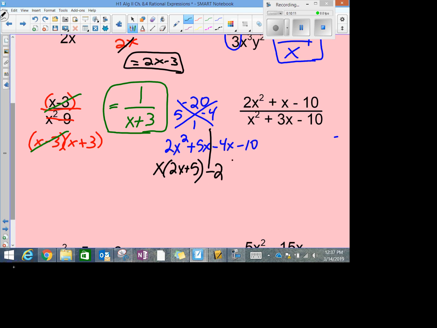So we're taking out a negative 2. So negative 4x divided by negative 2 gives us a positive 2x. Negative 10 divided by negative 2 gives us a positive 5. So our factors up here become what? X minus 2 and 2x plus 5.